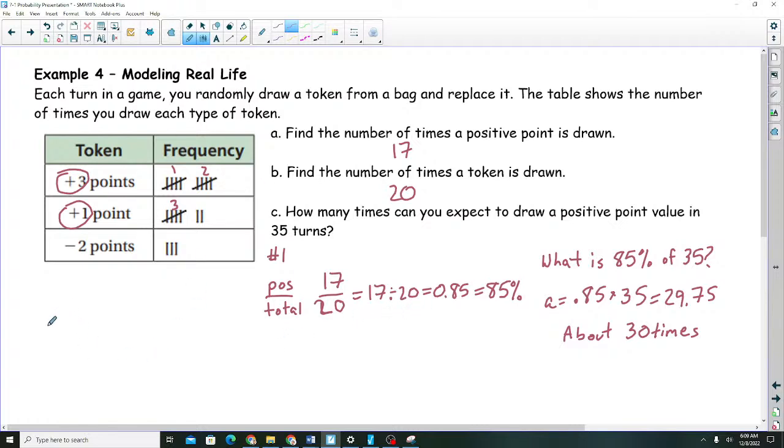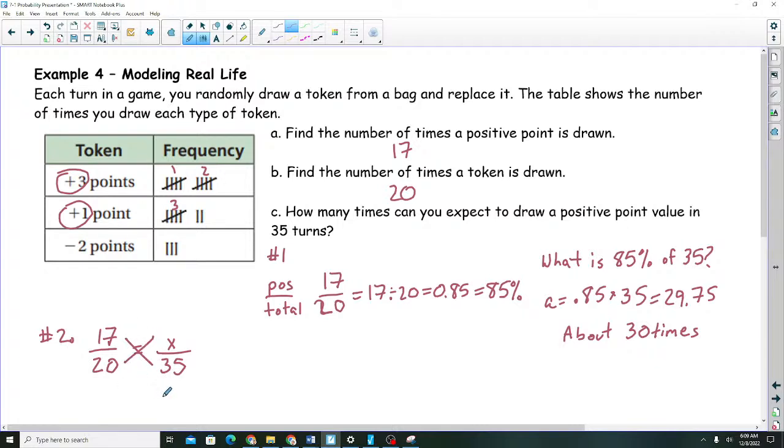Now, I want to show you an alternate method that works as well, but I think you might need to be a little bit more careful with this one. This one explains a lot of detail as to what's going on. It explains how in 35 turns, how likely the event is of occurring. On the other hand, if we just set up a proportion of positive tokens to total tokens, and then we say we don't know how many positives we're going to get in 35, this too will give us the same answer that we're looking for.